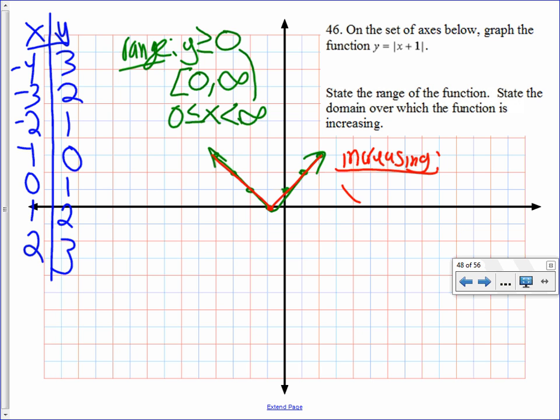You can say x is not greater than or equal to. Remember, the turning point is neither increasing nor decreasing. So x is greater than -1, or you can write that as (-1, infinity) in interval notation, or -1 is less than x is less than infinity in set-builder notation.